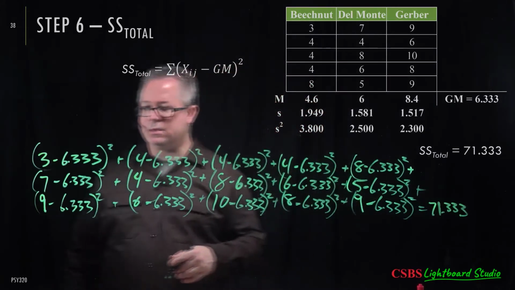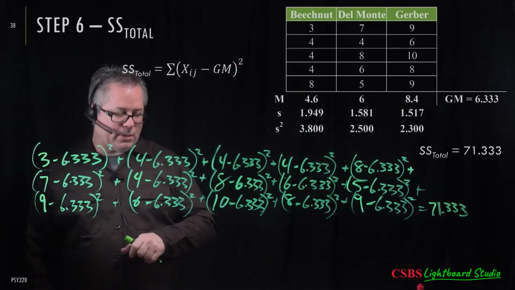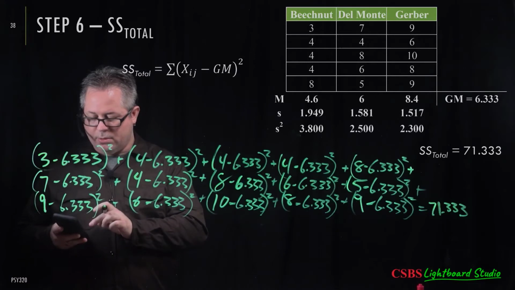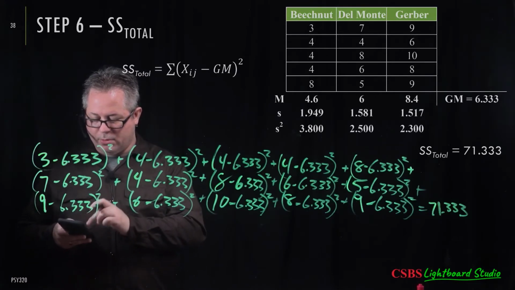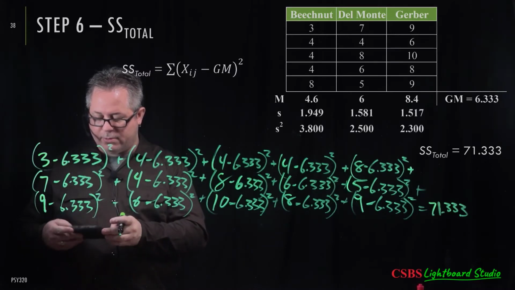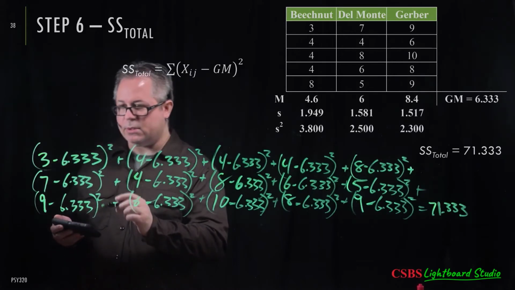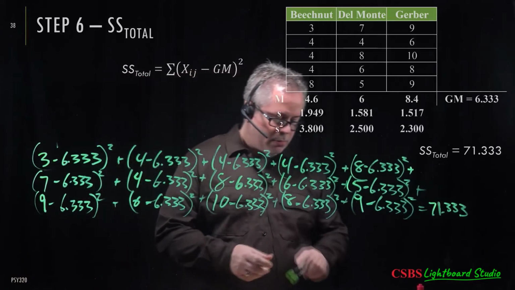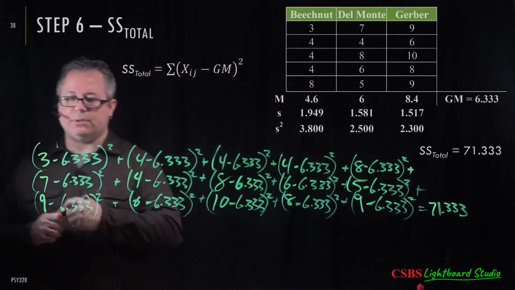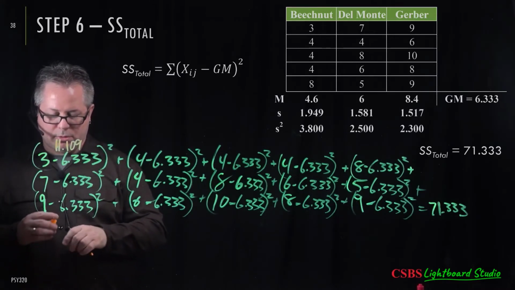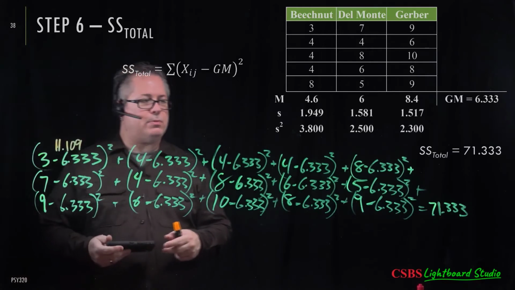In fact, let's just do it again, because why not? Let's make sure we're all on the same page. So it's 3 minus 6.333 equals negative 3.333. And I'm going to square that. So this is 11.109. And so you have threes.